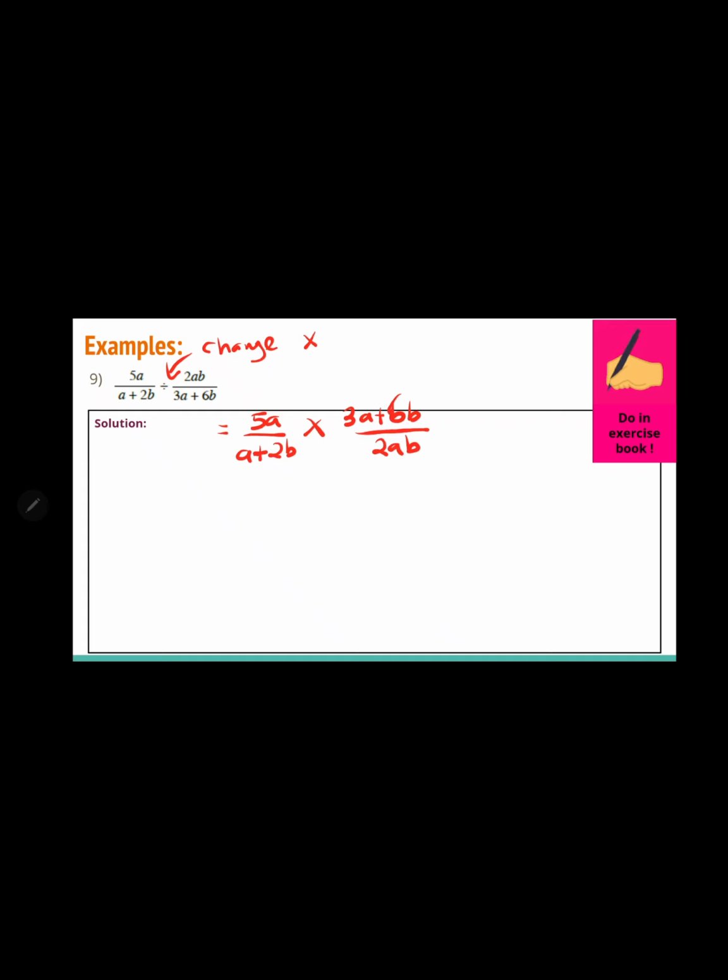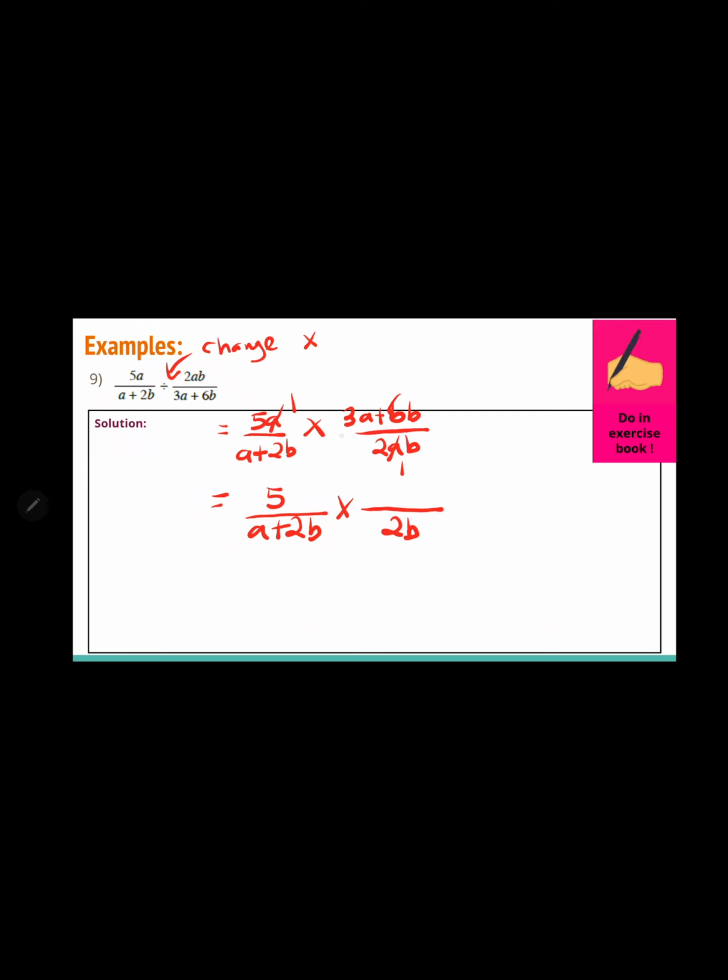Wow, it seems like can't do yet. Okay, you will see the a and the a, 5a and 2a. Cancel. Then you see we have 5. Then I do slowly. Still can simplify some more.